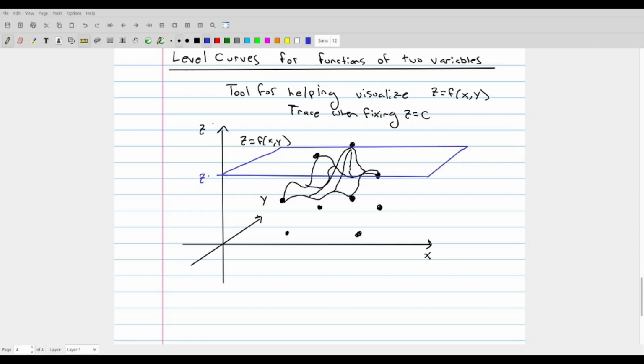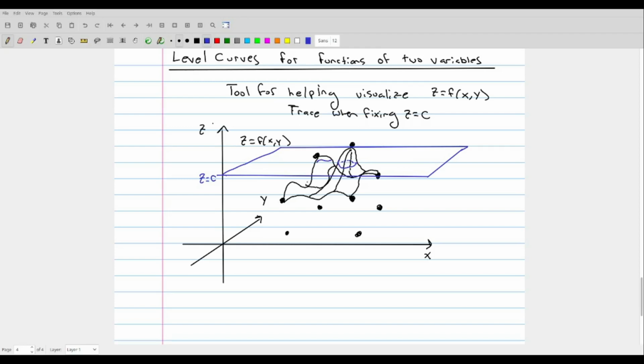So let's say we fix z equal to c right here, where c is this fixed value right here. The intersection of the surface with this z value maybe looks like this.